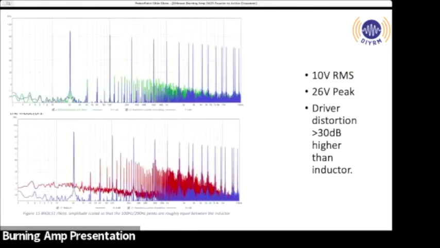Here's the example that I did. So this is 10 volts RMS of multi-tone signal, 26 volt peak. The top graph, the bluish one here, so we've gone blue-green colorblind for those folks, is a resistive load.